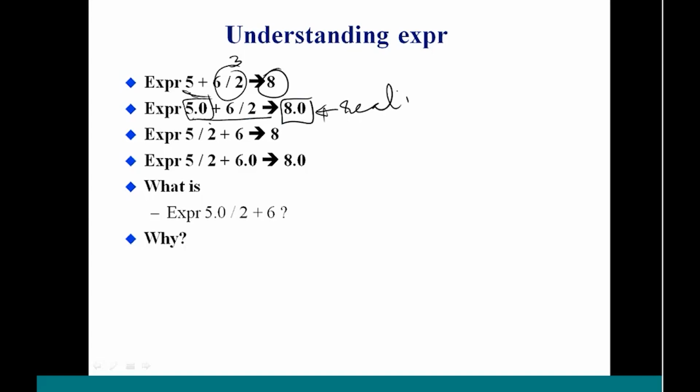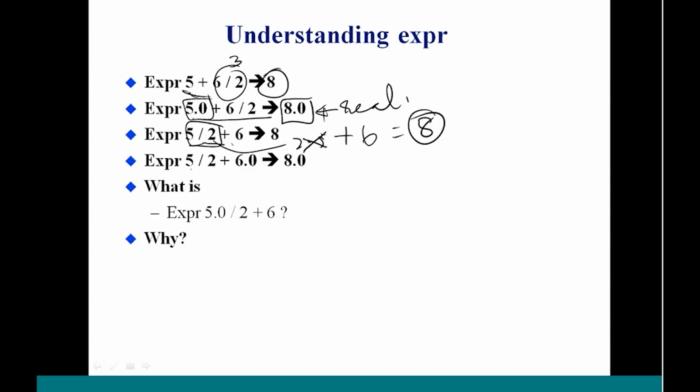Now it gets slightly interesting. The next one is 5 divided by 2 plus 6. It evaluates 5 divided by 2, which is actually 2.5, but since this is an integer division, it leaves the fraction out, so it is just 2, and then when it adds 6, it's again 8.